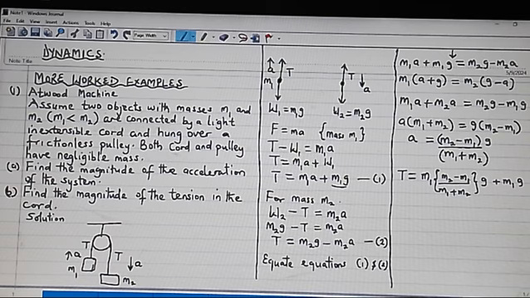m1g is common to both sides, so we can factor out and say m1g into [(m2 minus m1) all over (m1 plus m2) plus 1].